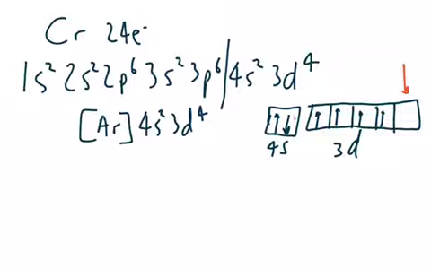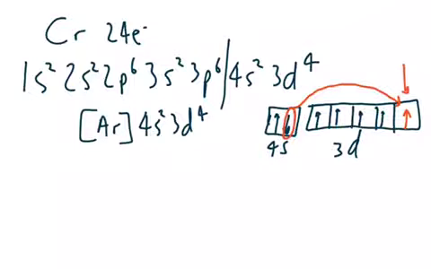And this electron over here sees that there's an empty room, and it would rather jump over here and occupy it. In doing so, it no longer needs to be paired up with the other electron from the 4s orbital. The reasoning is that it is more stable for that second electron to fill in this empty room that is not being used, so that all the electrons have their own individual orbital.